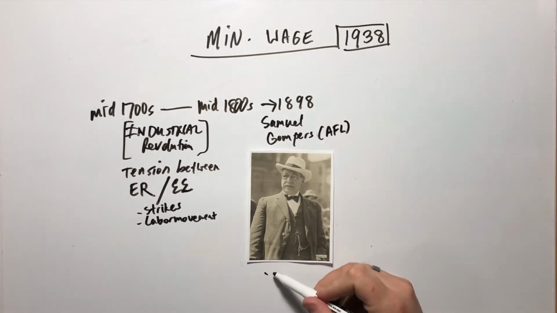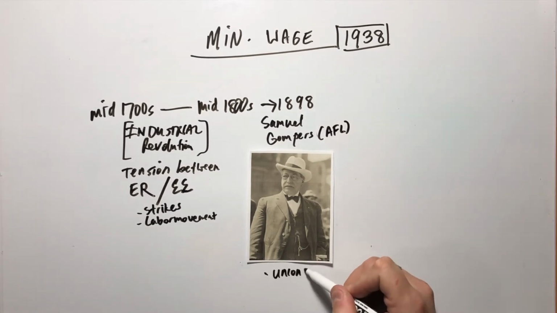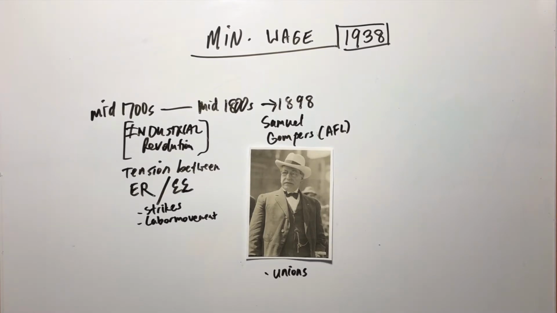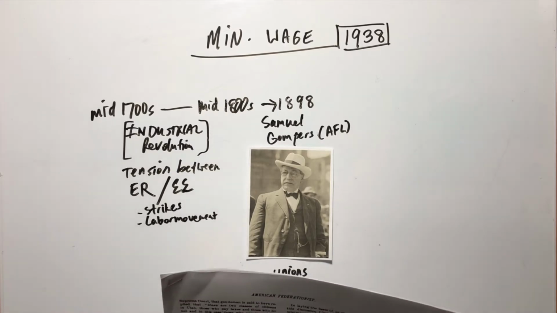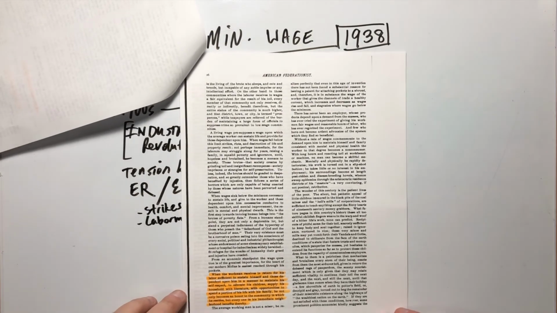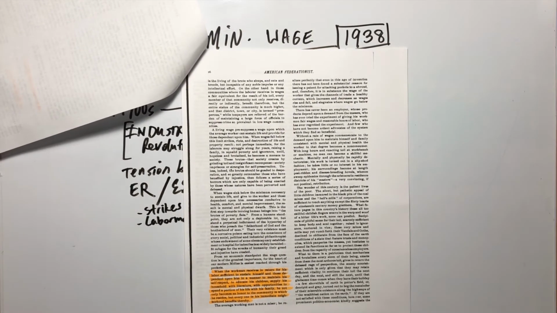He was a proponent of unions and believed that people should be able to come together to seek their own self-interest as employees, as laborers. So in 1898, Samuel Gompers wrote a piece called A Minimum Living Wage, and it was published in the American Federationist publication. And in it, I draw your attention to this piece here that I've highlighted.